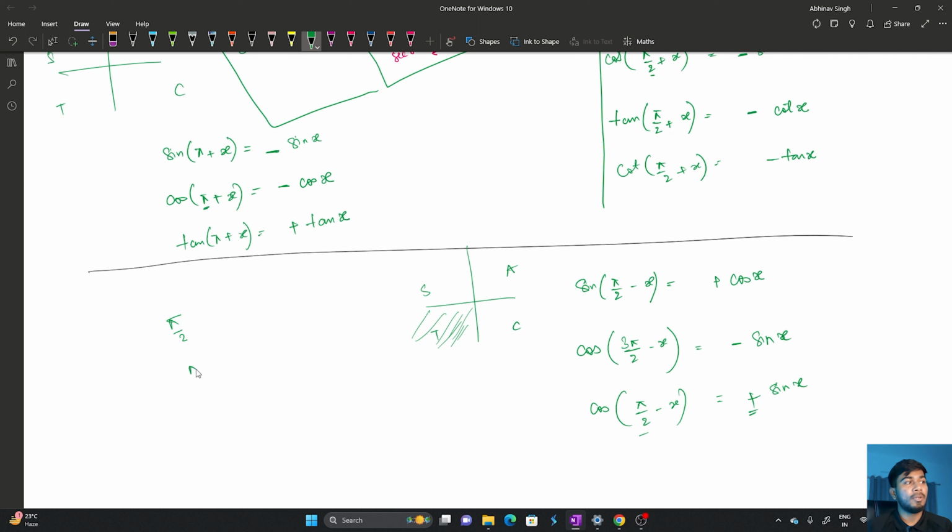And if it is a multiple of pi, you need to keep the same function on the right hand side. And now comes the part of guessing the sign. To guess the sign, if it is pi by 2 plus x, it will lie in the second quadrant, and then see whether the function is positive or negative in that quadrant, and then write the sign. So that's how you can find the value of any trigonometric function at allied angles.